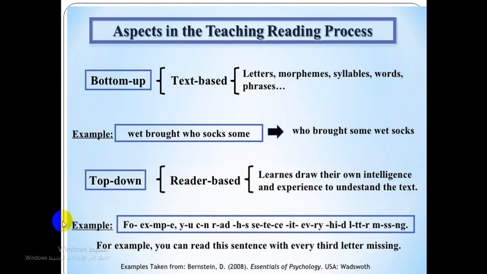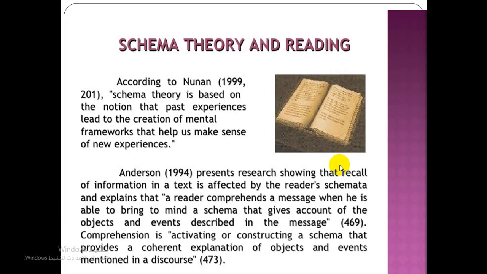For example, as you see here, we have some letters. You need to order them. For example, here you can read the sentence with every third letter missing. Here we have schema theory and reading.